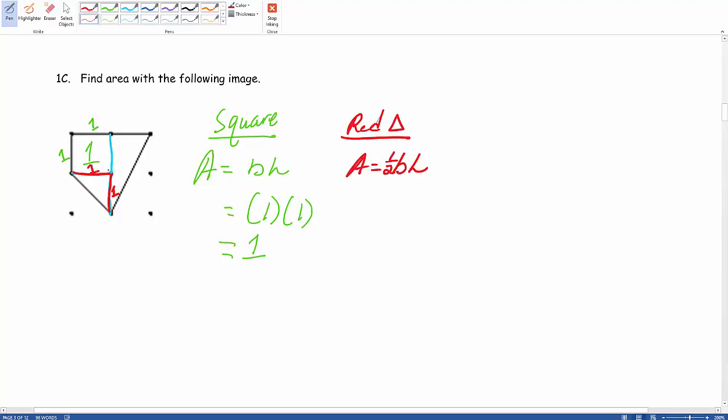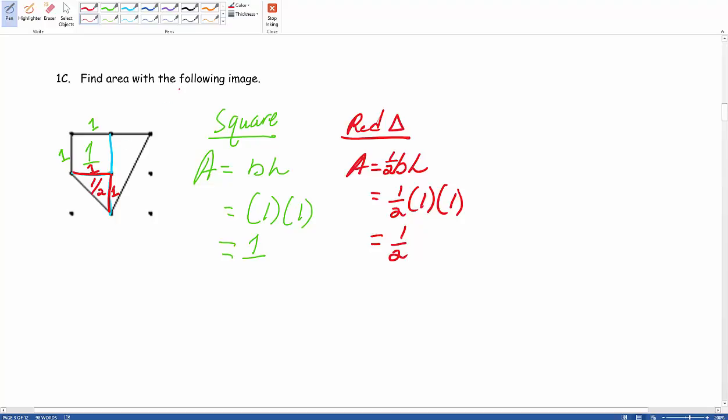Again, just throwing in our base, which we know is 1. So we have 1/2 times 1. And then our height here is 1. So 1/2 times 1 gives us an area of 1/2 for this red triangle. So we have a half here.